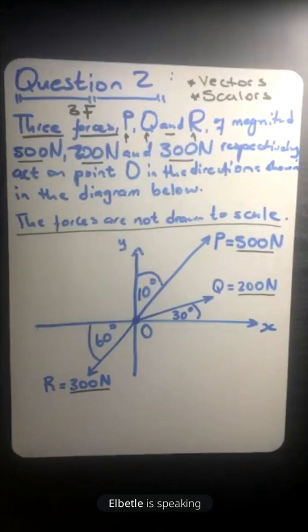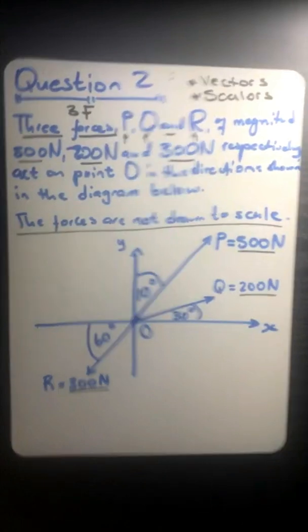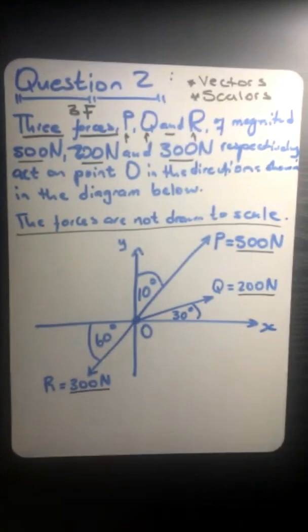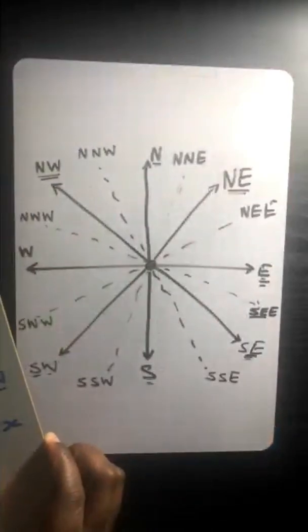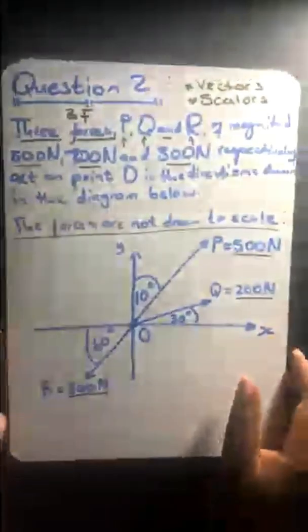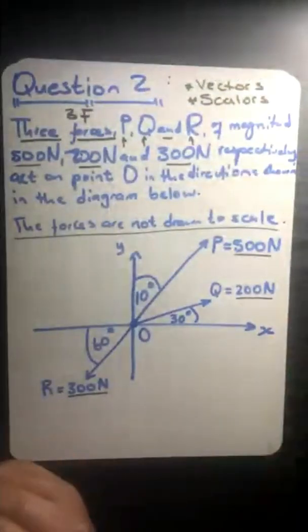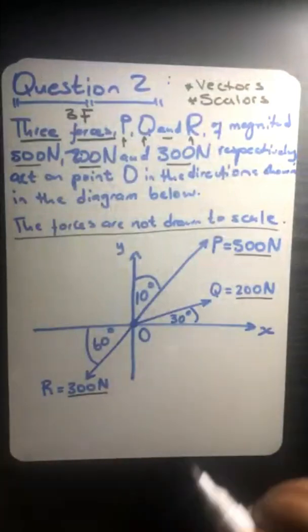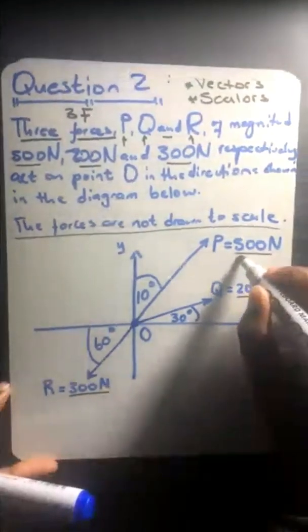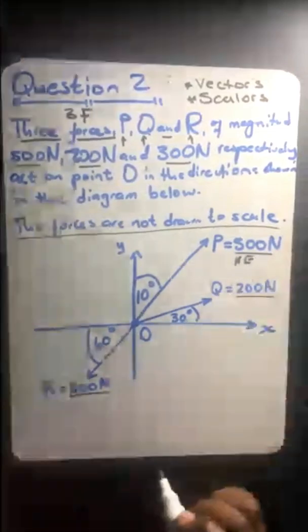LB, sir. LB, go for it. So is it northeast for P? Northeast for P. Let's check northeast for P. Northeast, acceptable, LB. So we can just say force P, it's actually currently in the northeast direction.